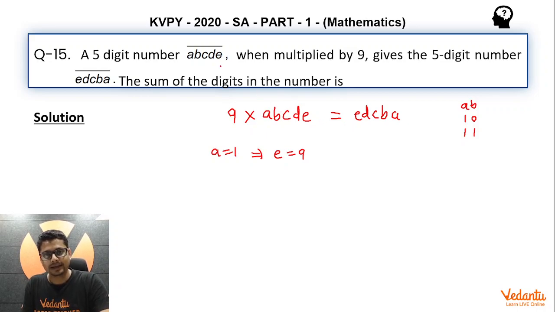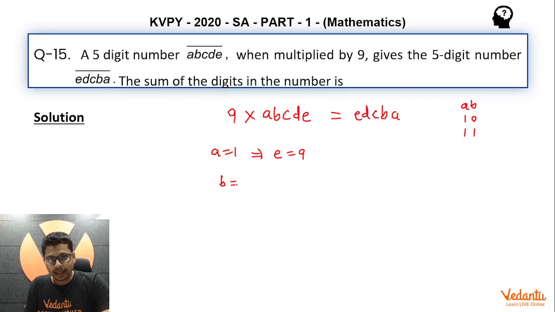I recollect maybe I told A, B, C, D, E should be whole numbers. No, A, B, C, D, E are all digits from 0 to 9, where A can't be 0 because it is a 5-digit number, and similarly E also can't be 0. Now A is 1, E becomes 9. Now we are left with finding B, C, D.